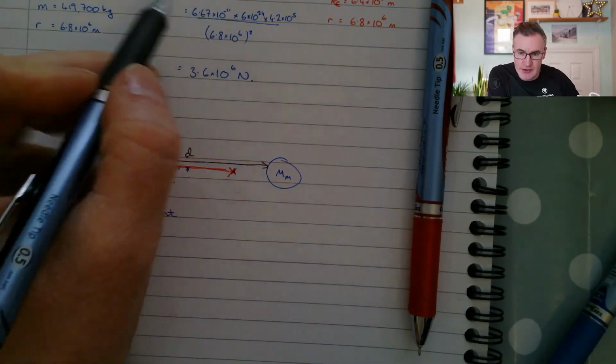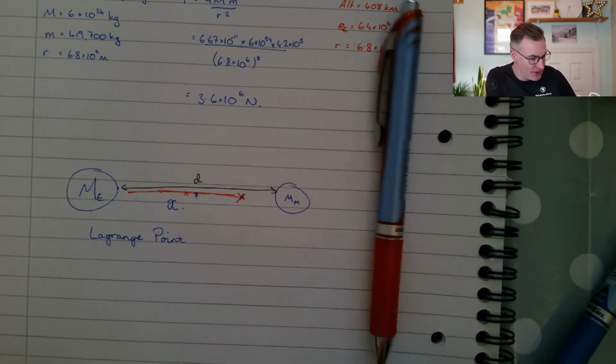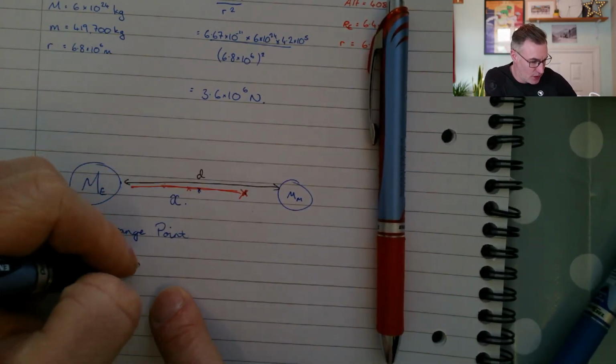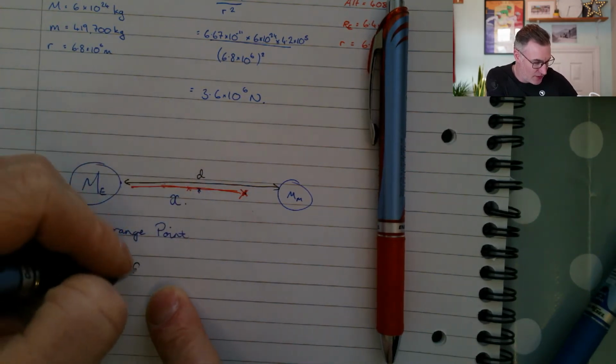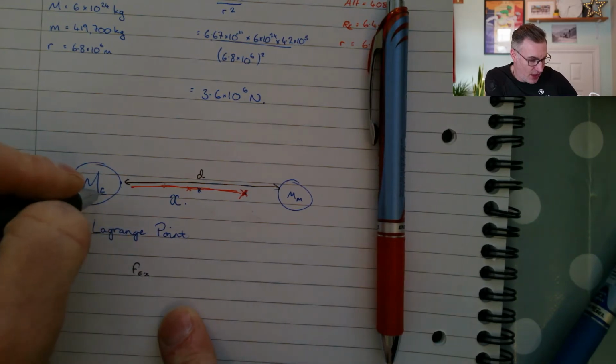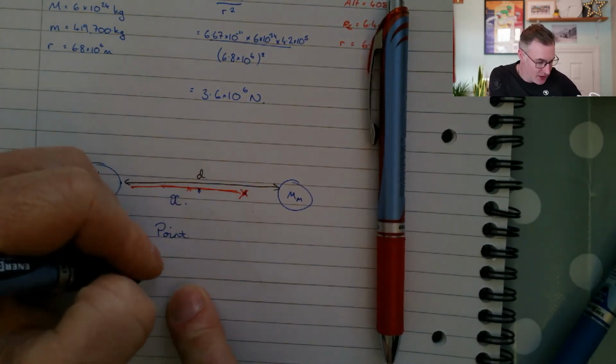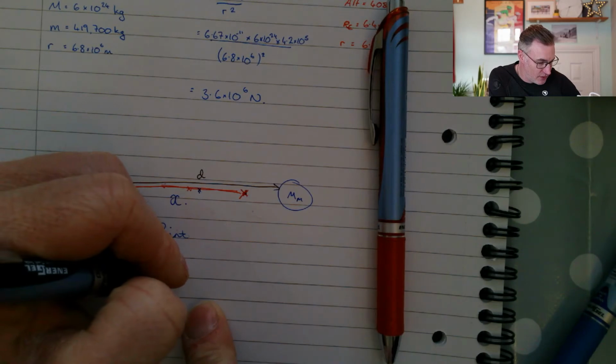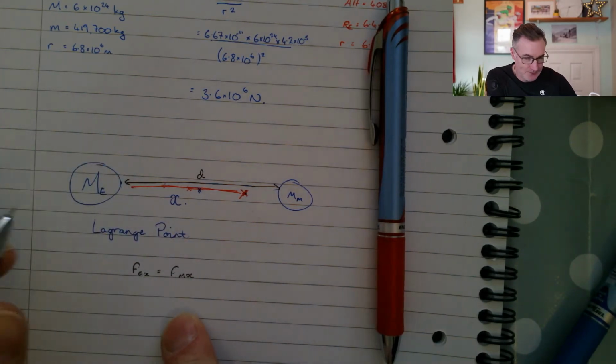If we were to use Newton's inverse square law of gravitation for this, because the forces are balanced, the force of Earth to point x must equal the force of Moon to x.